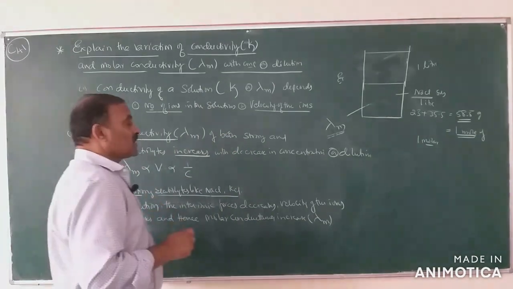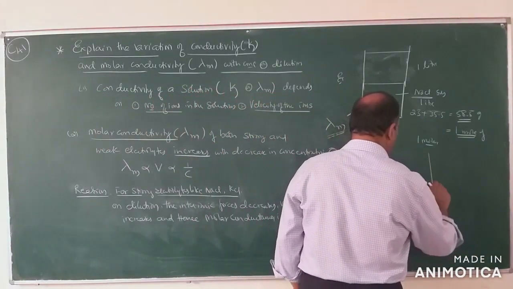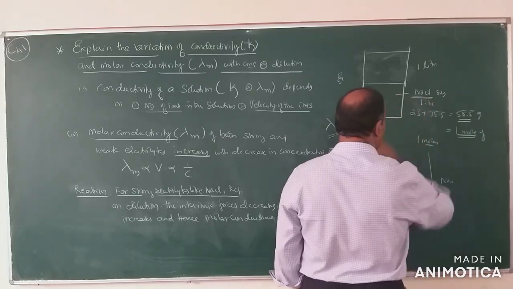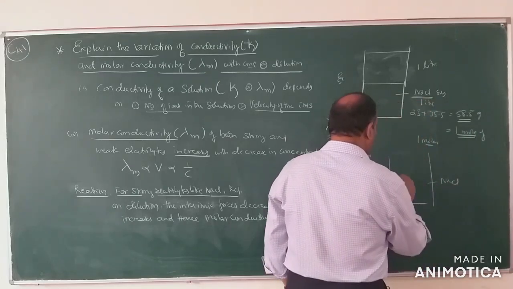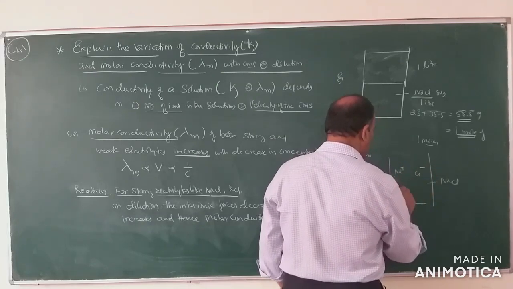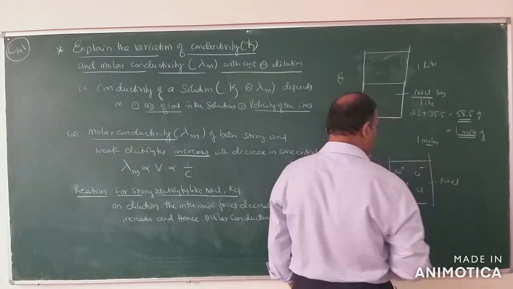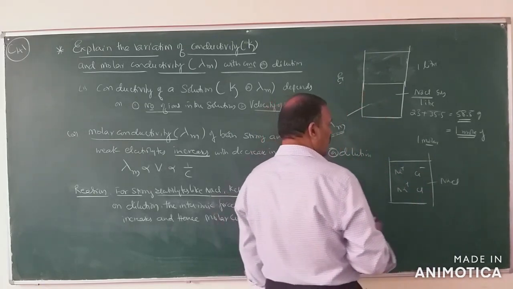So, in case of strong electrolytes, what happens? For example, here a sodium chloride solution is there. So here there are so many sodium ions and chloride ions. Suppose this is 1 liter of solution.